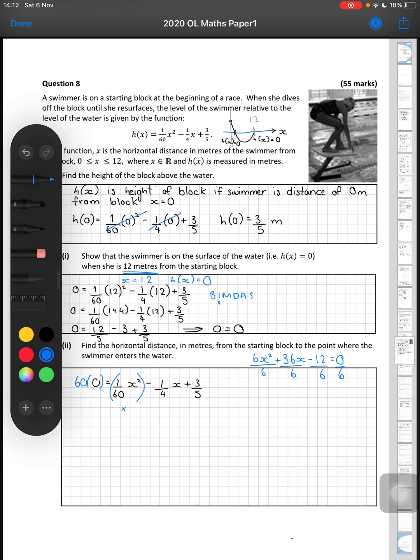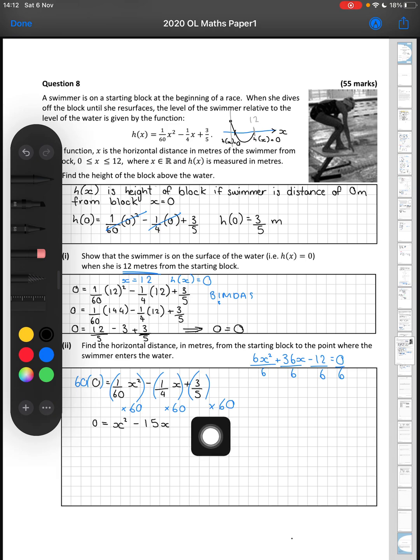To get my coefficient of the x squared to be 1, I can multiply every term in this quadratic by 60. So I'm going to multiply the 0 by 60, the 1 over 60 x squared by 60, my minus a quarter x by 60, and my 3 over 5 by 60.